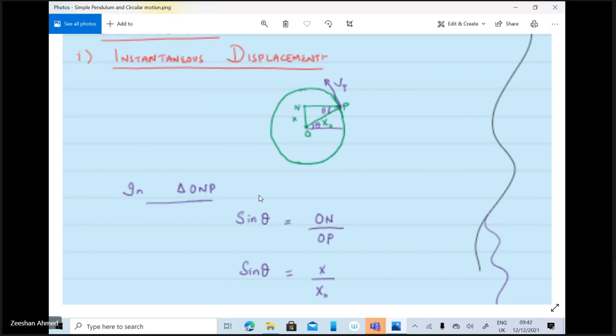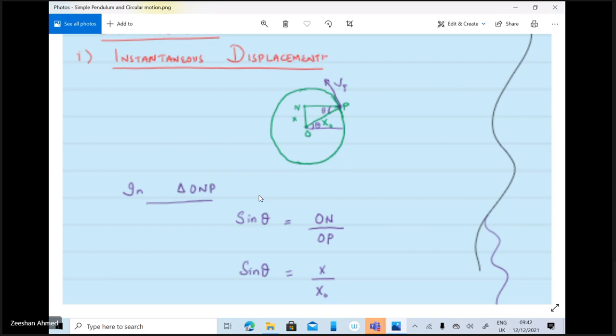So, the side opposite to the angle is always the perpendicular. This is base and this is hypotenuse. So, in triangle O and P, sin theta is equal to perpendicular over hypotenuse. What is perpendicular? The side opposite to this theta, ON.